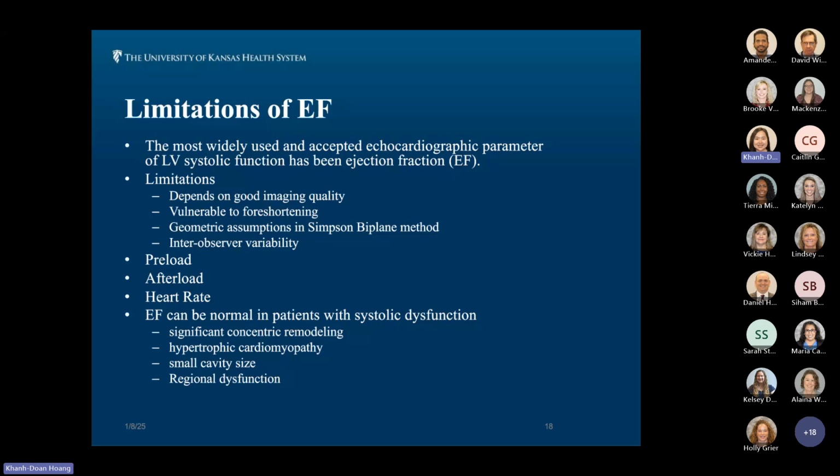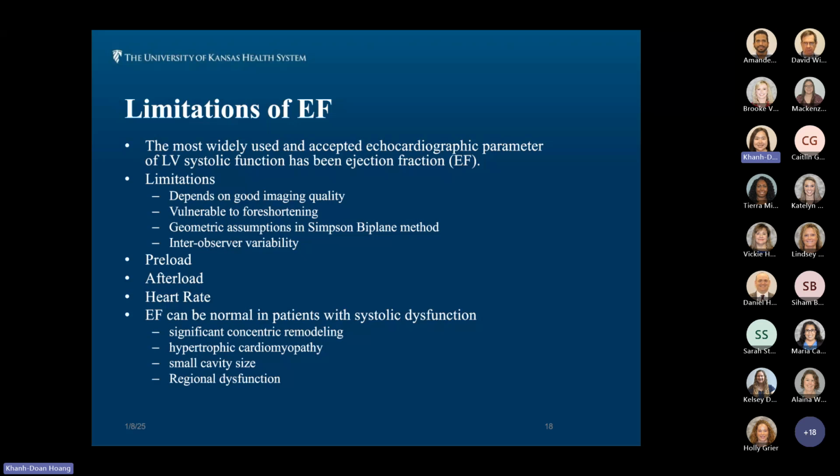And patients with significant bradycardia, their ejection fraction is going to be overestimated because their stroke volume is going to increase. And inversely, in patients with tachycardia or variable R to R intervals like atrial fibrillation, you're going to have an underestimation of your ejection fraction.